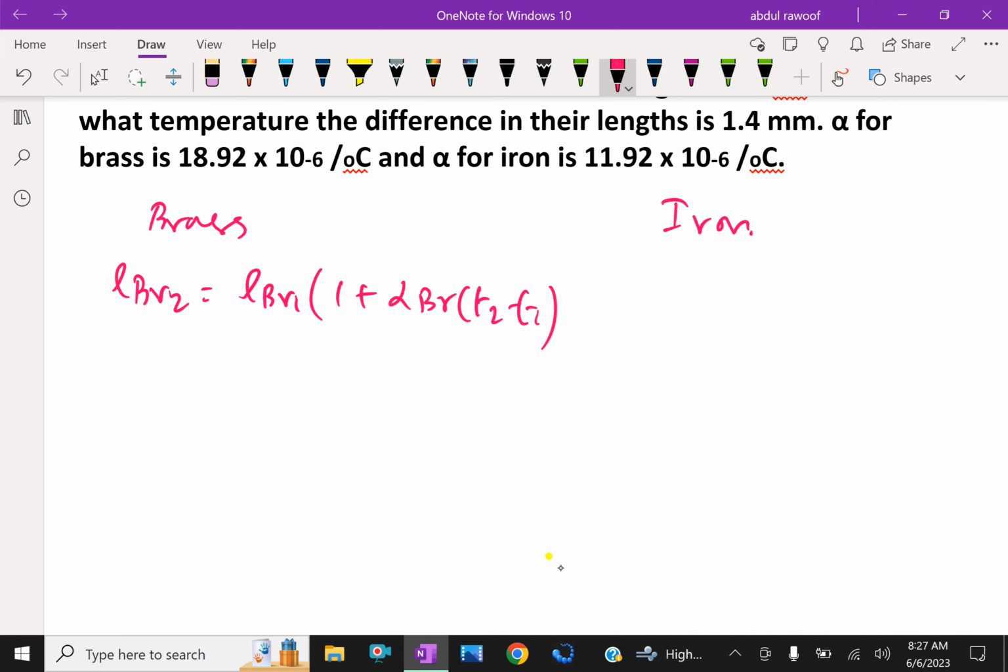Now we copy this. For iron, LFe2, that is the final length of the iron rod, equals LFe1 times 1 plus alpha Fe times T2 minus T1.